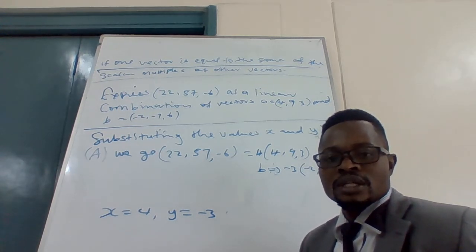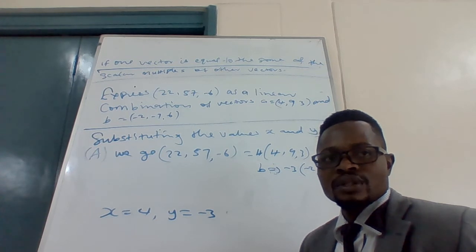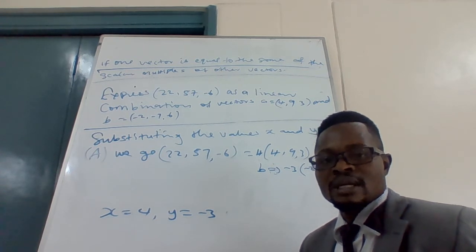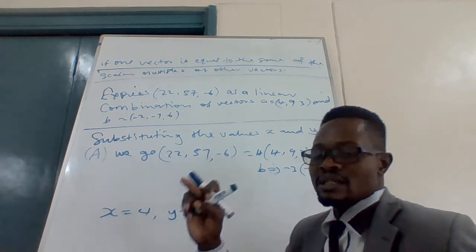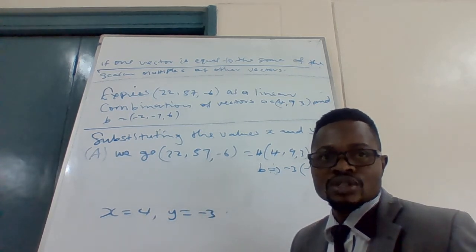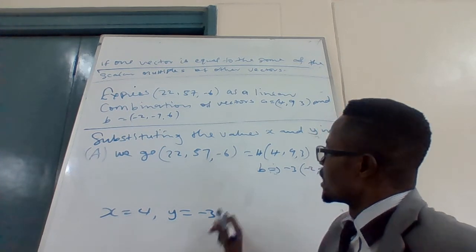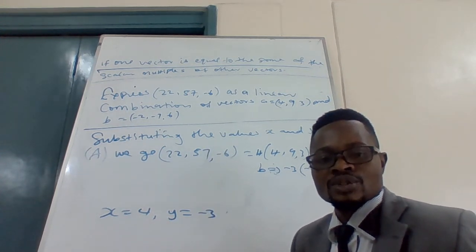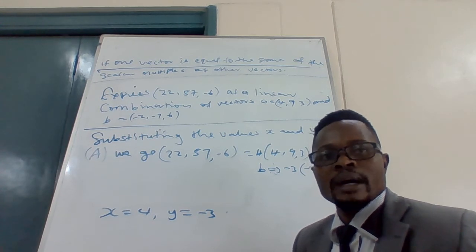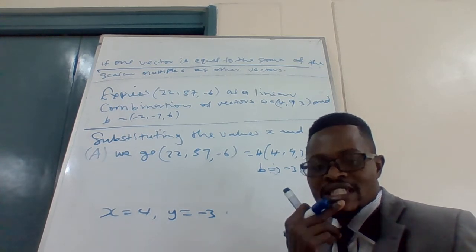Usually in linear algebra, you are given a question and you have to express a vector as a linear combination of certain vectors. It could be two vectors, it could be three vectors. First of all, introduce an arbitrary element. It could be alpha, pi, or theta.